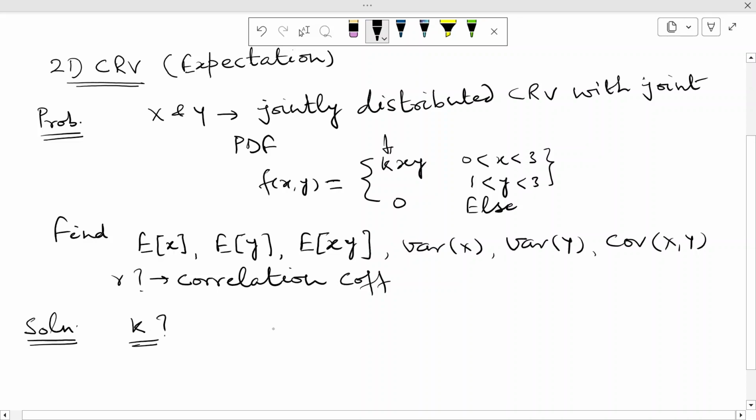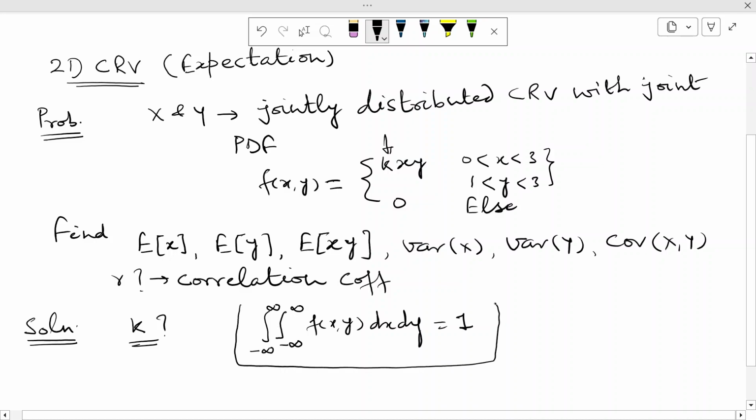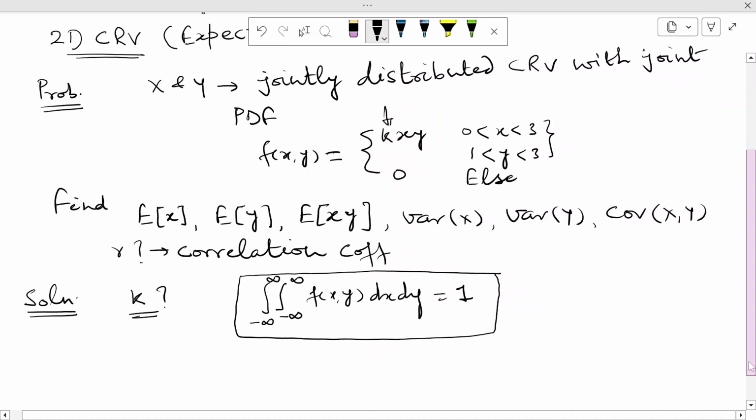To determine k, we will use the property that when you double integrate the joint PDF within the limits minus infinity to plus infinity, it produces 1. This is the general property.